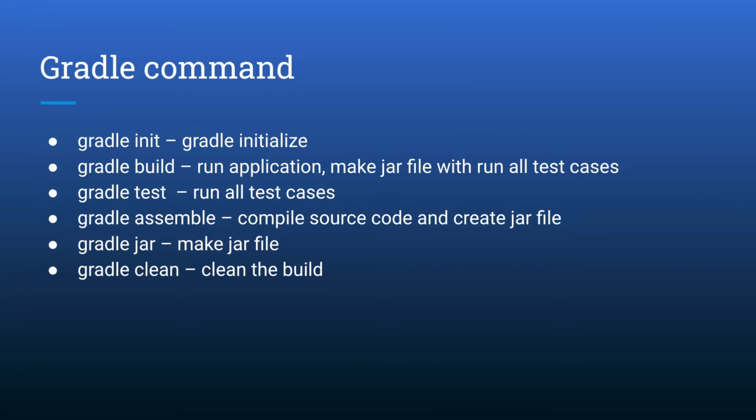And the second one is gradle build. As we already saw in the previous slide, build is basically a task which cleans all the libraries, then completely runs the test cases and completely builds the application. It also makes the jar files. So it's a big task.